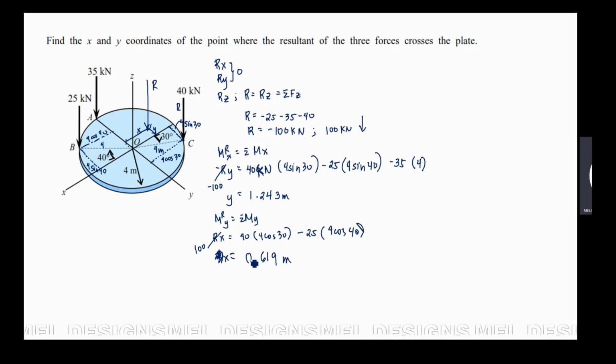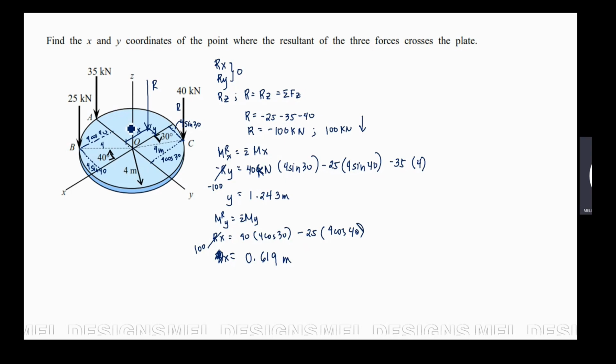Okay. So, again, positive ulit yung nakuha natin for the value of x. Therefore, tama yung assumptions natin na nandito nga yung ating resultant. Okay? Nakachamba tayo na nandito yung location ng ating resultant.